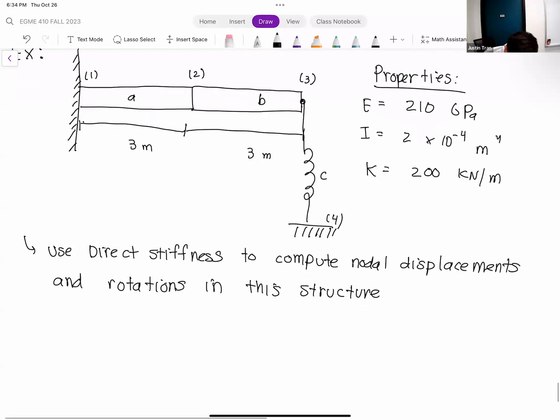And so beams, at least in terms of our calculations and our element stiffness matrix, are only capable of transverse displacement and rotation.